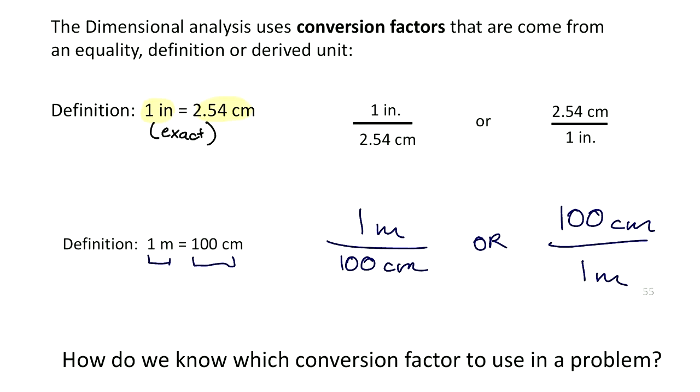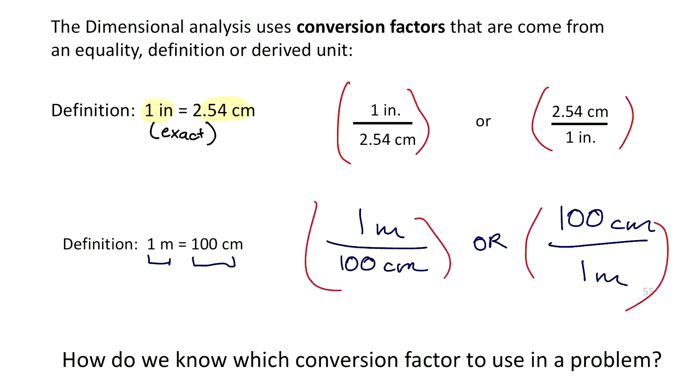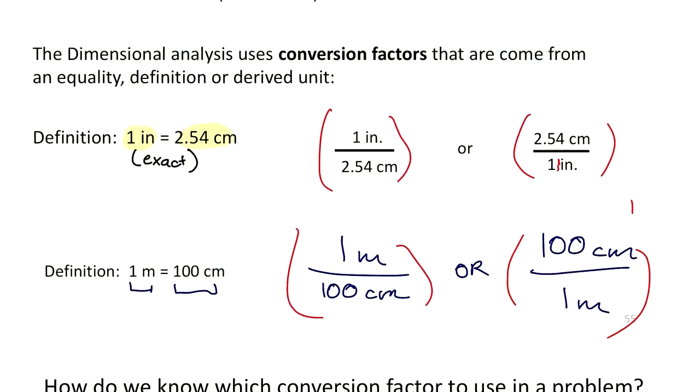Well, it matters in the context of your question. We're allowed to use either one, depending on what we want to do. All of these fractions are what I call conversion factors, changing one unit to another. For example, if we used this conversion factor, we would be changing the unit of centimeters to inches.